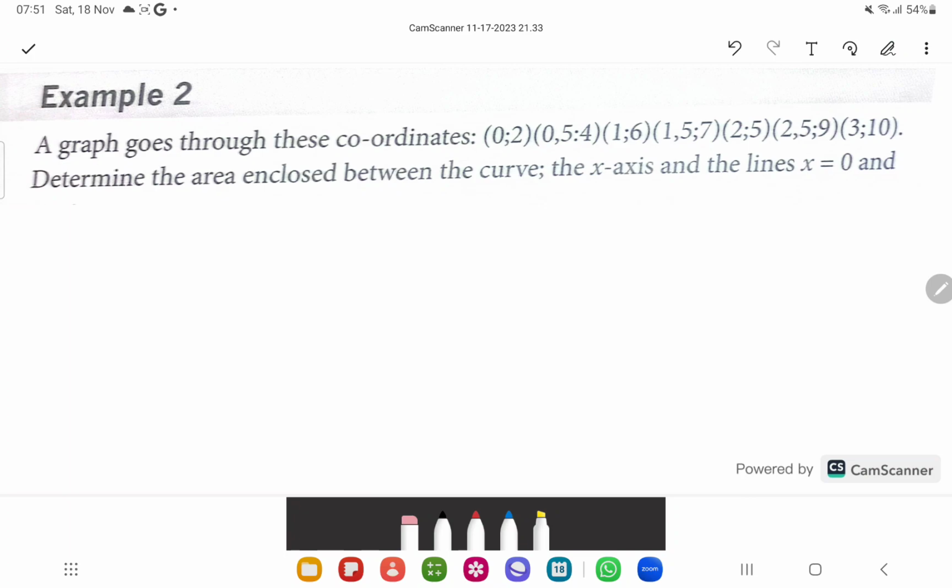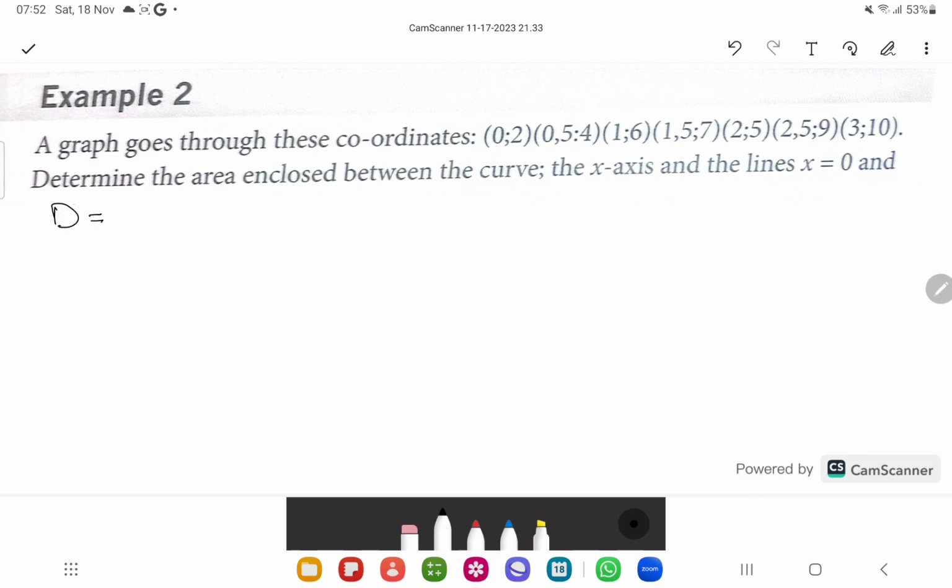The second one says that a graph goes through these coordinates: 0, 0.5, 1, 1.5, 2, 2.5, and 3. In this case, you are not given the distance, but the question says determine the area between the curve, the x-axis, and the line x equals 0. Remember, when we are talking about the distance, it has to be the same.